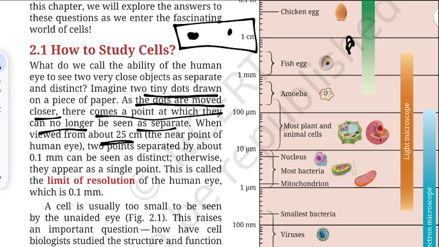When viewed from about 25 centimeters, suppose here is your eye, and you have kept the paper 25 centimeters away. 25 centimeters is the nearest point of the human eye.